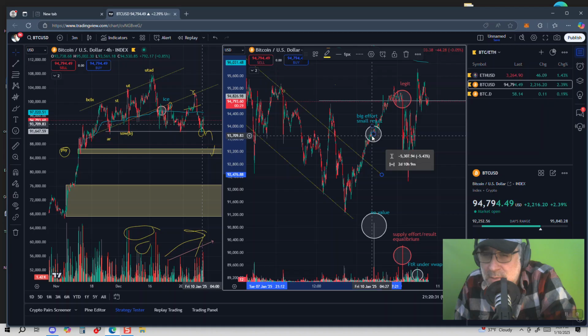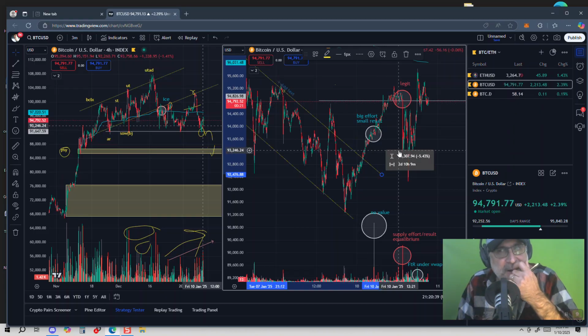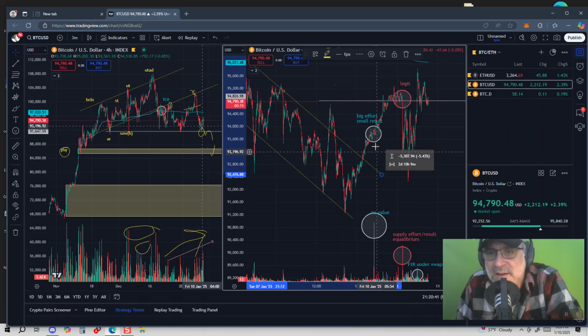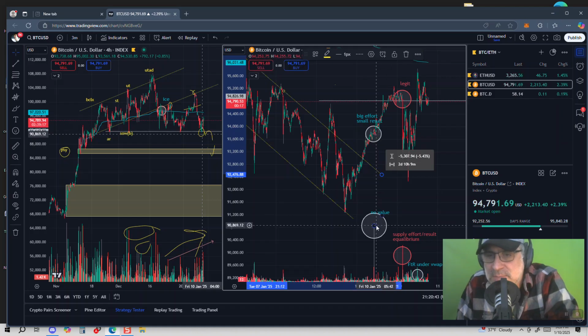Yet we look up in the corresponding price action, we see hardly any movement at all. It's continuing in this wave up, but it's not reflecting the kind of spread that you would expect from this sort of magnitude of demand.